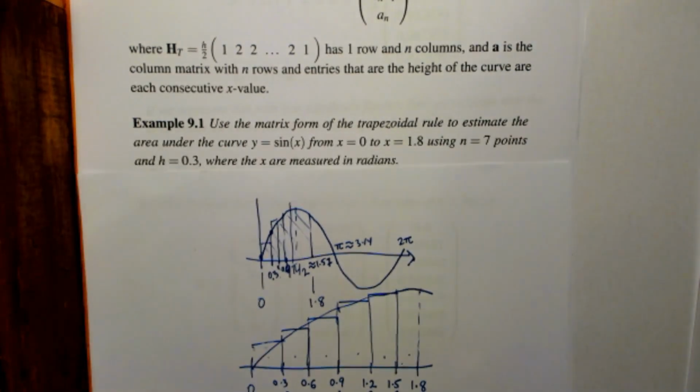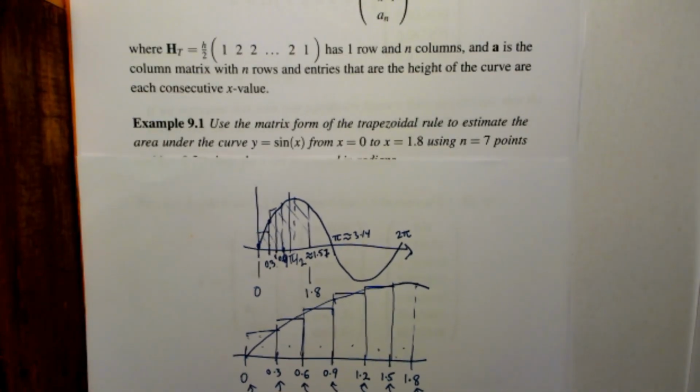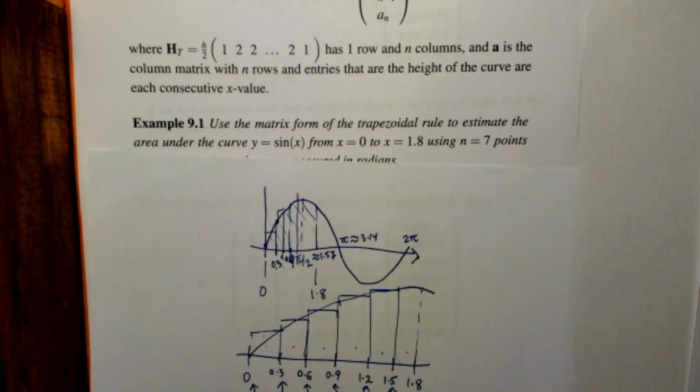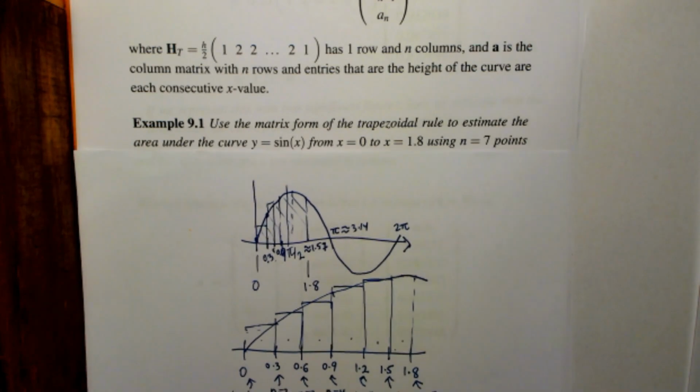Okay, great. So what we need to do then is estimate sine of 0, which of course is 0, sine of 0.3 radians.